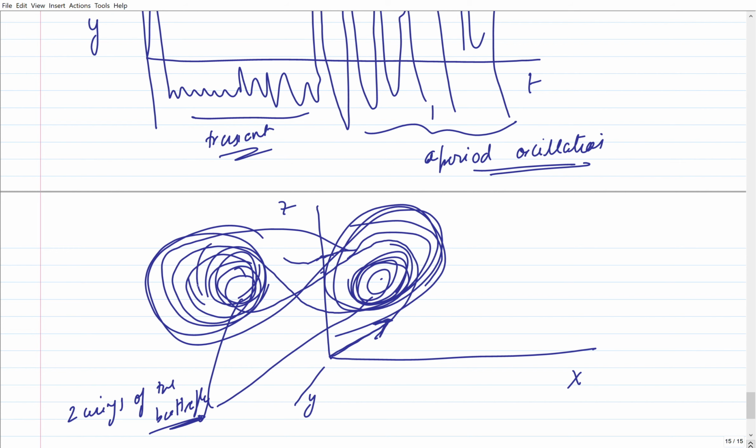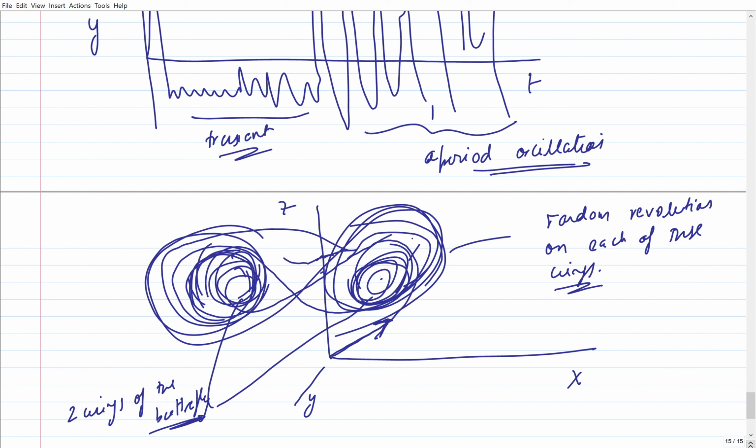The number of circles it takes in one of these wings is random. Random revolutions on each of these wings, and it just twists and turns randomly, circling this one, randomly circling this one, to make these wings of a butterfly.